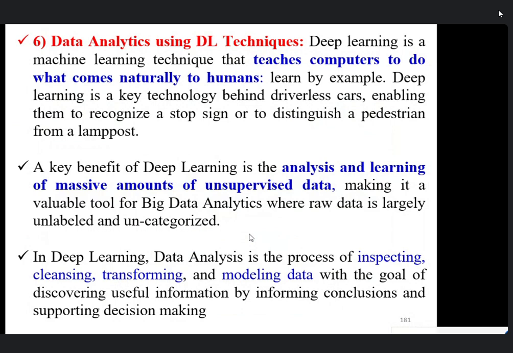So that's why deep learning data analysis is the process of inspecting, cleaning, transforming, and modeling the data with the goal of discovering useful information, deriving conclusions, relationships, interesting patterns, uncovering hidden patterns, and supporting decision making.